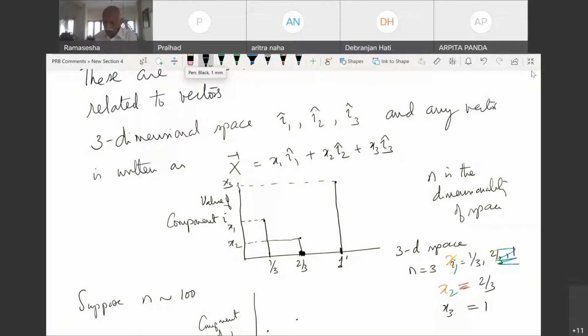So this is f of x1, f of x2, f of x3. So what I'm plotting is basically the value of the component versus the component index. It's just an xy plot. Do you follow it now? Yes, got it, sir. Okay, so it's very, very simple.